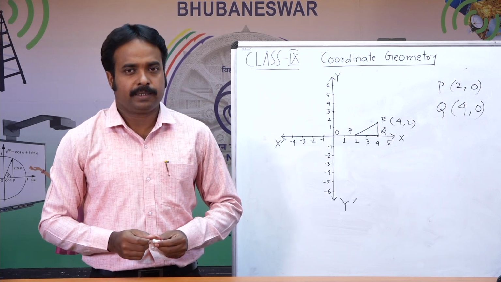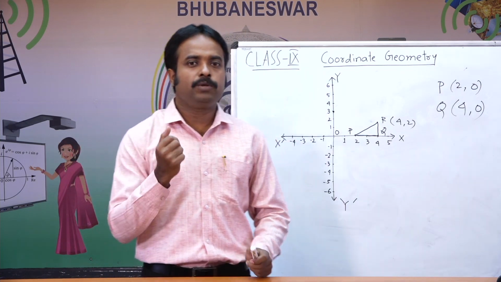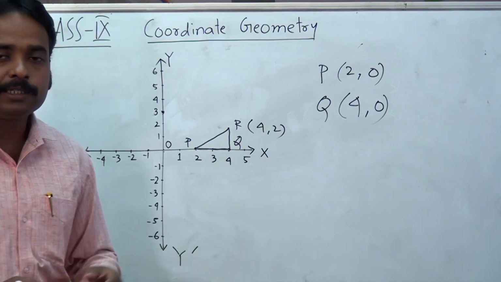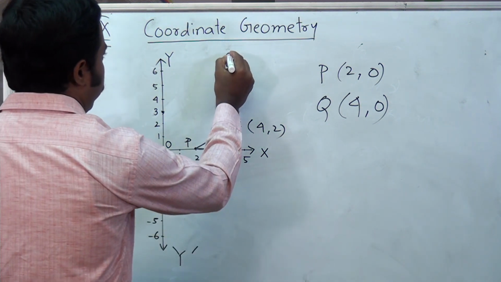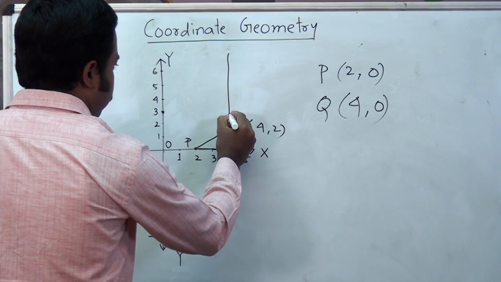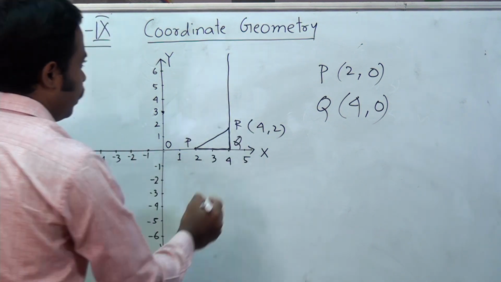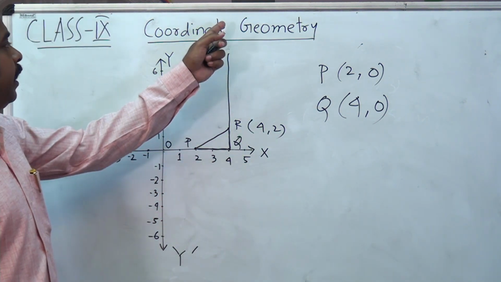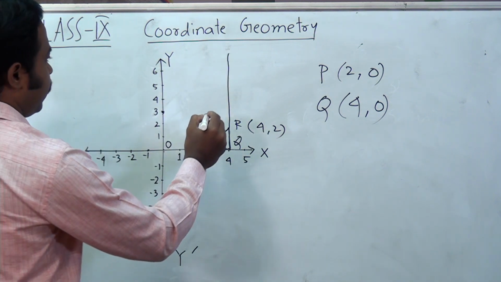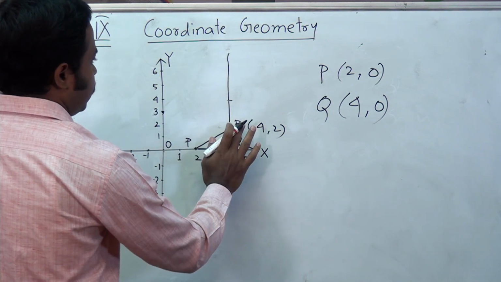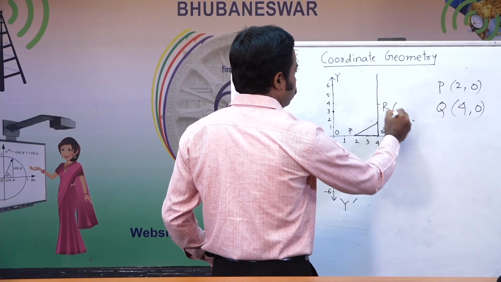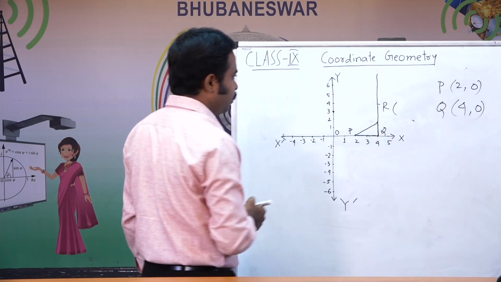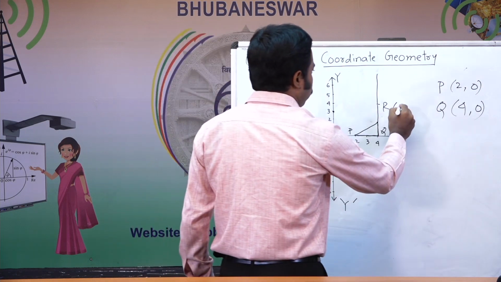But it is very much clear to you that this R is not unique. Instead of this R, you may take any one point on this line. If you take R as this, what are the coordinates of this point R? 4, 4.